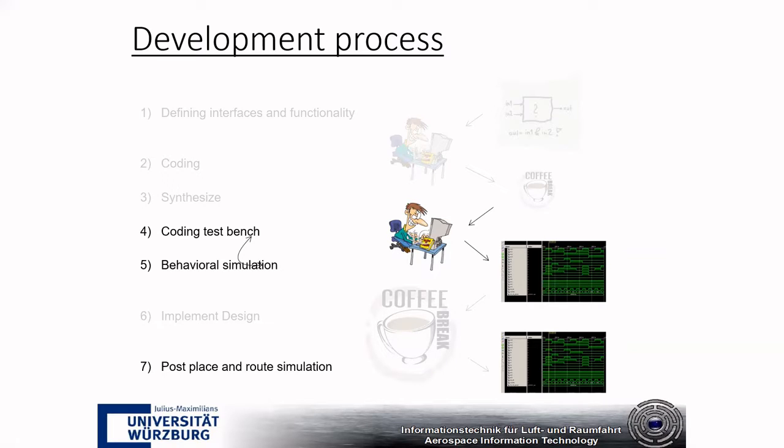During the synthesis, it checks the syntax and then it makes a netlist. After that, we go to the next stage, implementation, place and route, and then we go to generate bitstream, and then we make a connection to the board, download it, and then we check it with the buttons and with the LED.